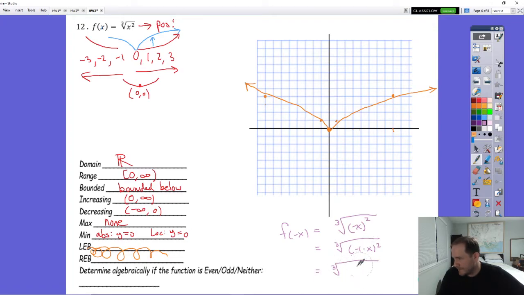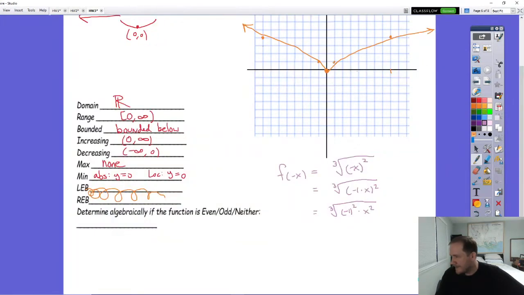That's the cube root of a negative 1 getting squared. And again, negative 1 squared is 1, so essentially now we can have that go away and land right back on cube root of x squared, which is our original function f of x. So we've done it. We've proven that f of negative x equals f of x. So we can say, therefore, f of x is even.